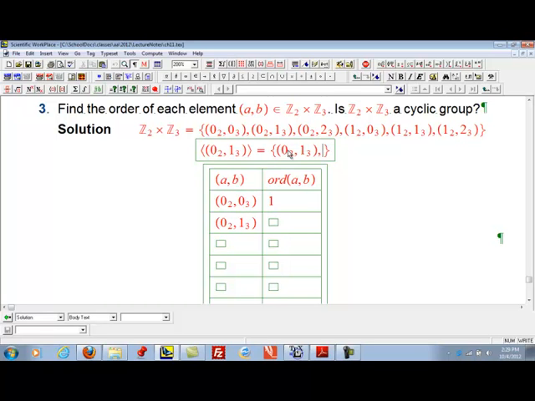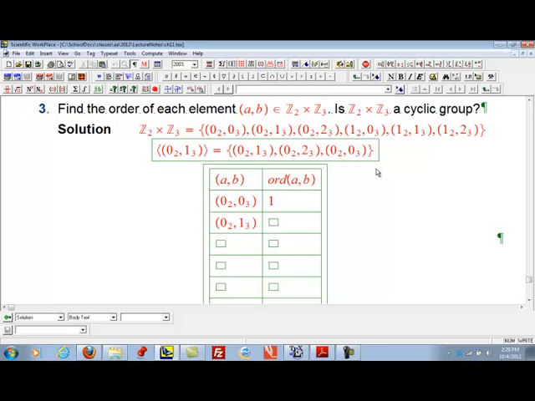So if you add 1 here, and 2 mod 3, right? Sorry, 0 to the 0. And then what do we get? 1 more? Yeah, 0 mod 3. That goes back to the identity.